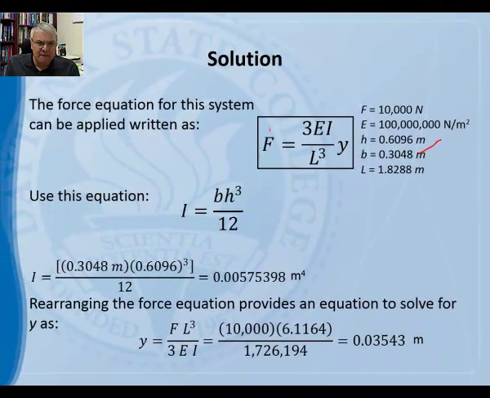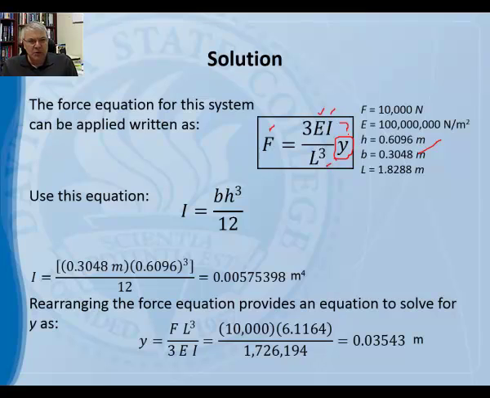I can calculate I. It's based on a geometric property of the cross section, B H cubed divided by 12 for a rectangular cross section. L is given. So all I need to do is calculate that Y. This is the unknown. Put a little question mark over it right here. There we go. Y or delta.